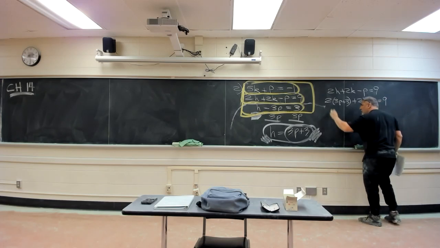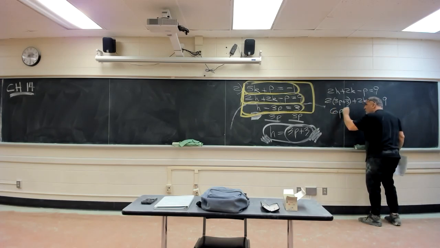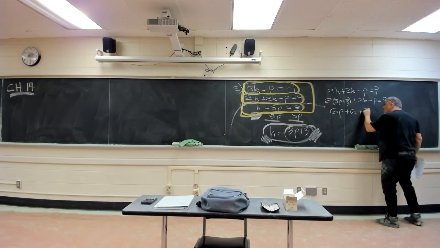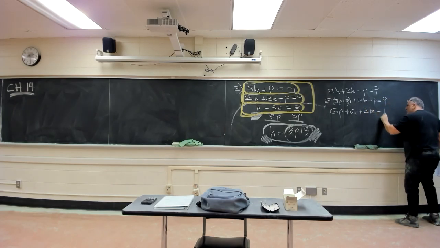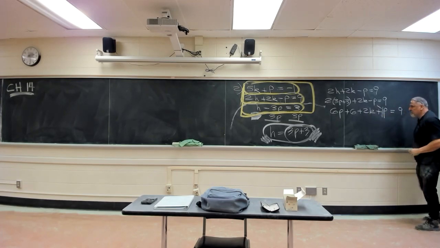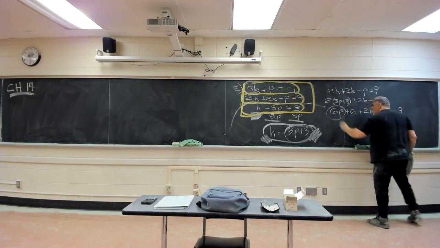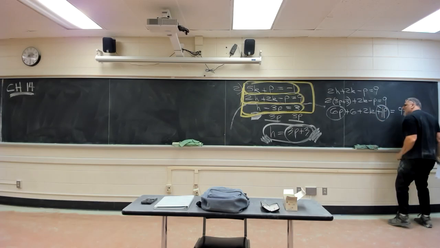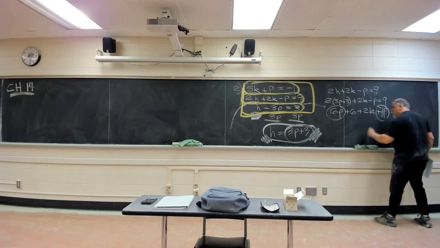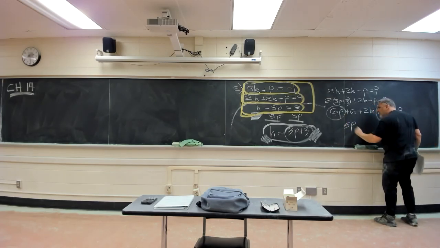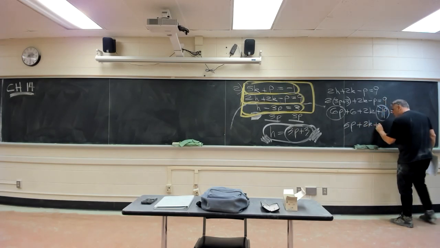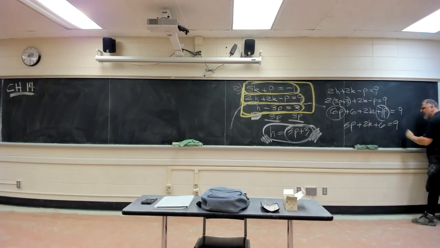Wait a minute, what's going on here? Distribute that 2. Minus p equals 9. Minus p is minus 1p, which is plus a negative 1p. What is 6p and negative 1p? It's 5p. This is 2k. This is 6. And this is 9.